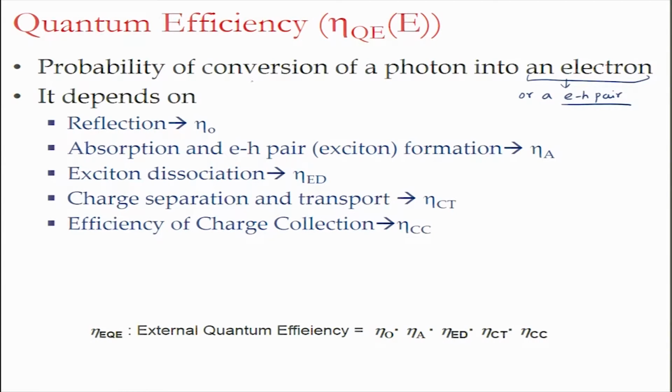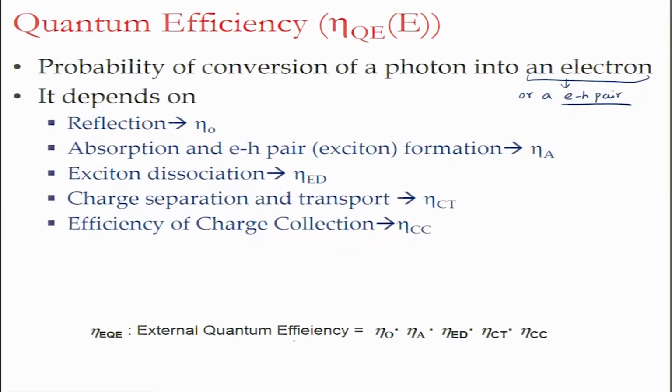The first factor it depends upon is reflection, and efficiency of reflection is depicted as eta O. It also depends upon absorption and electron hole pair or exciton formation. Efficiency of that is eta A, that is absorption and formation. Exciton dissociation, once the exciton forms it has to dissociate, and the efficiency corresponding to that is eta ED. And then charge separation and transport, that is eta CT, and then efficiency of charge collection at the electrodes, which is eta CC.